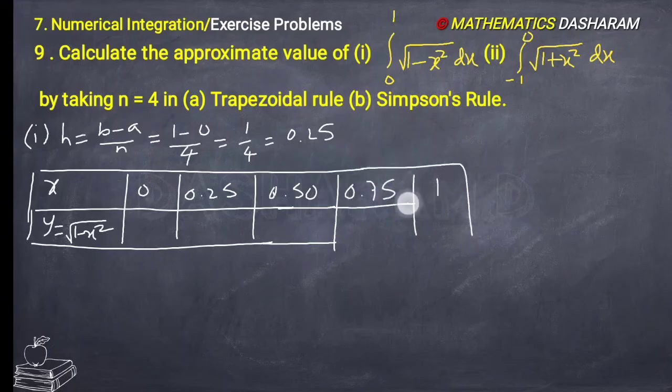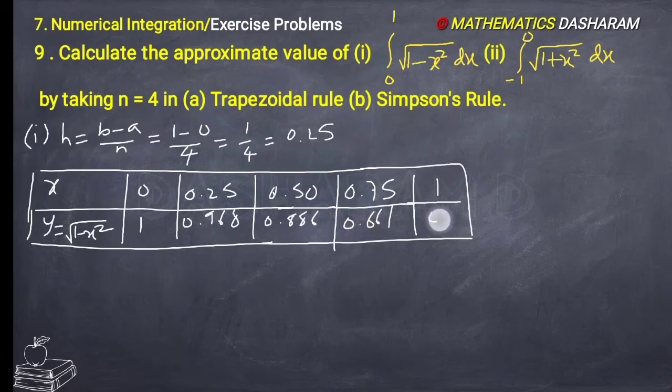Next last one 1. So when the x value 0, then y value is 1. When x value 0.25, the y value is 0.968. When x value 0.50, then the y value is 0.886. Next here 0.661. Next here it is 0. So consider it is y0, y1, y2, y3, y4.